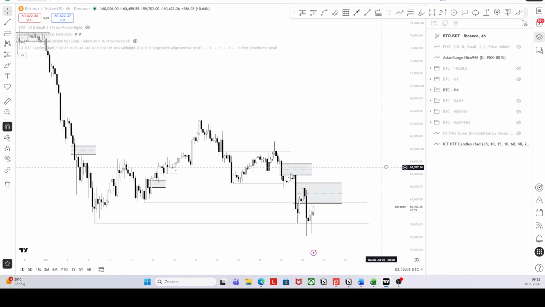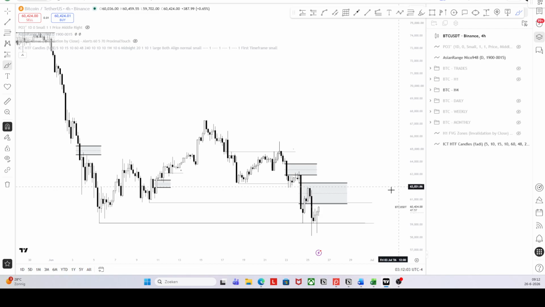on the 4 hour, because if you do top-down analysis, the 4 hour first gives the signal to potentially move up further.